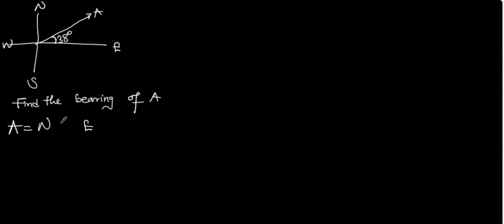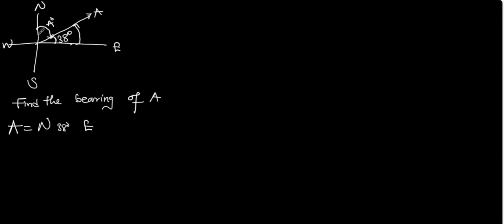However, we need to have the accurate measurement of our bearing of A. We can't just write 38 degrees, because if you write 38 degrees, it means you are measuring from the east towards the north. But then we have to measure from the north going towards the east.